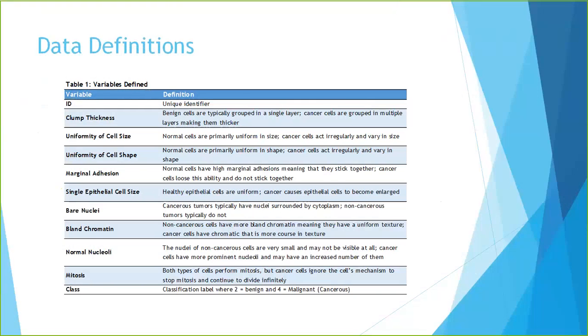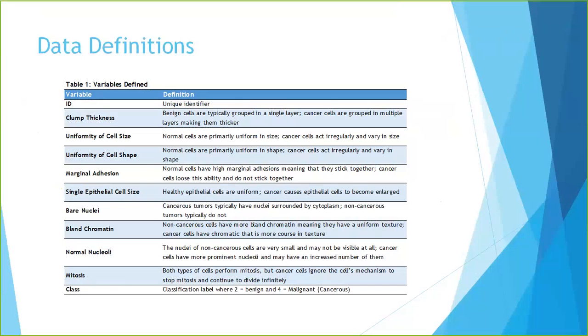The ID provides a unique identifier for each record, and the other variables describe the tumor tissue cell differences. Cancer cells typically behave very erratically, and their cells will vary in shape and size. They have other key variances. They don't have marginal adhesion, which means they don't stick together, and their nuclei vary in structure from normal cell nuclei, such as not having cytoplasm.